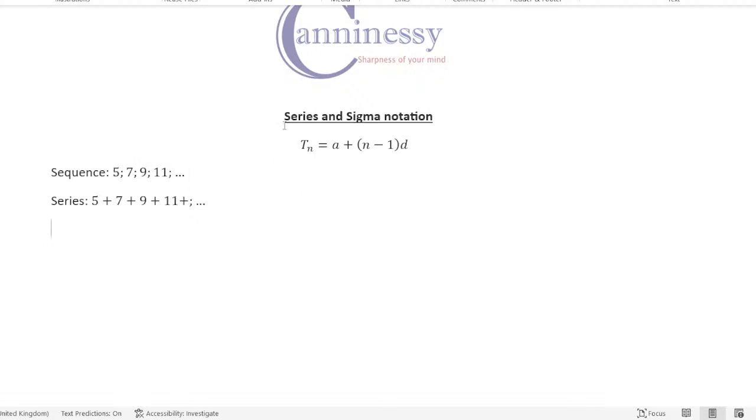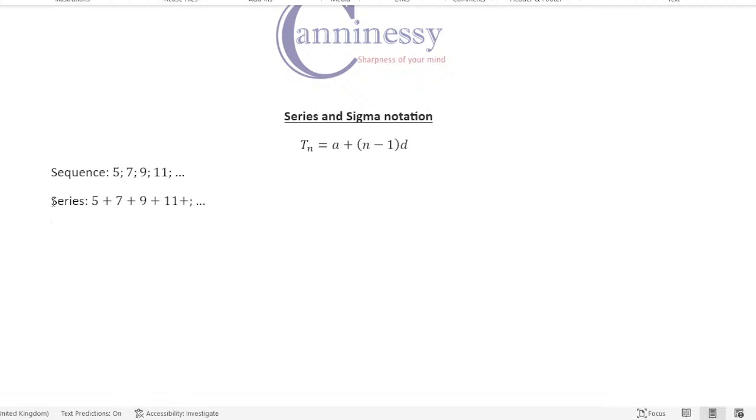Remember, previously we learned that Tn, the general term, is equal to A plus (n minus 1) times d. Now let's say we have this sequence, 5, 7, 9, 11, and also this series, 5 plus 7 plus 9 plus 11.